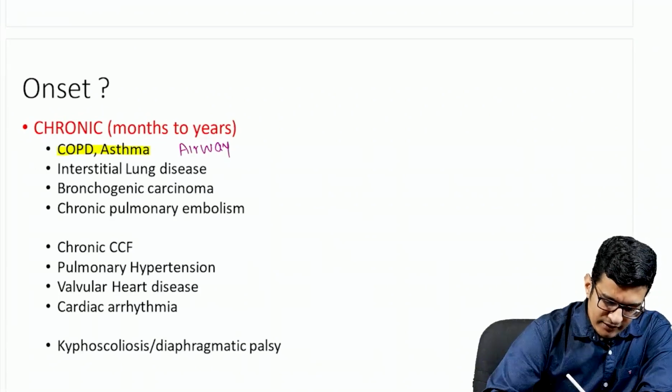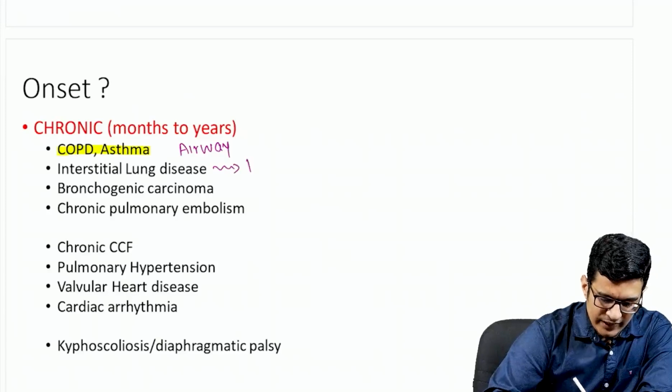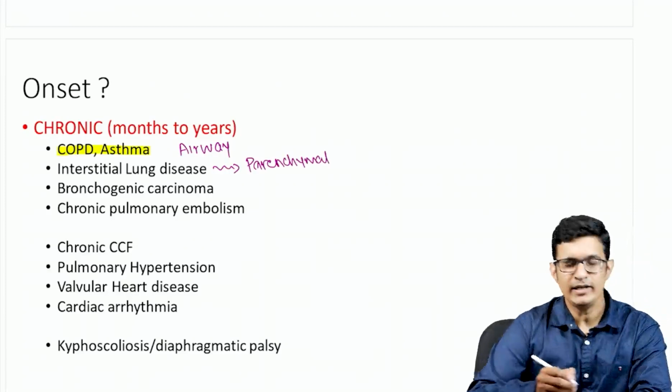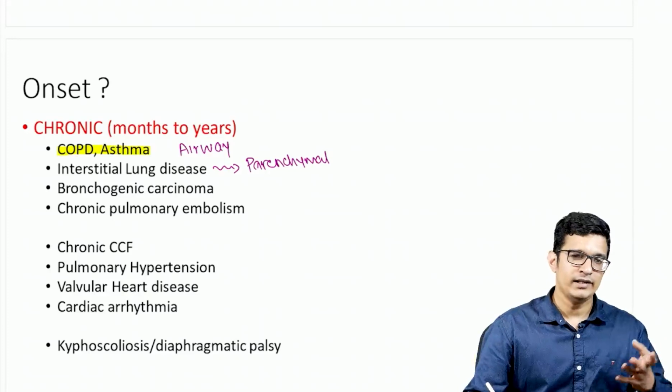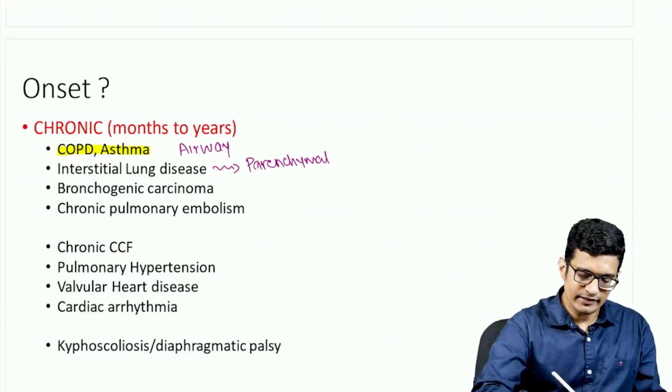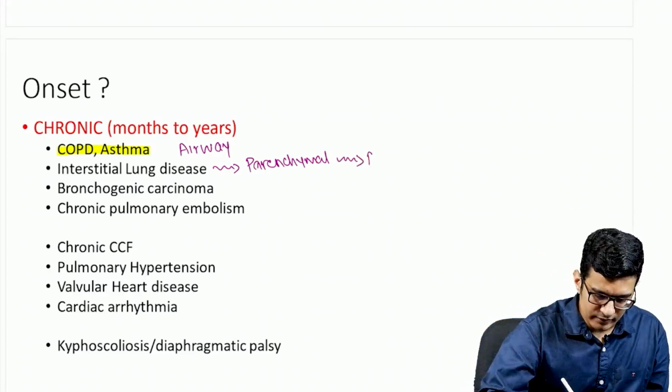Now interstitial lung disease is another parenchymal lung disease, involving stiffening and fibrosis of the interstitium. So that will involve the interstitium of the lung and lead to a restrictive lung disease.